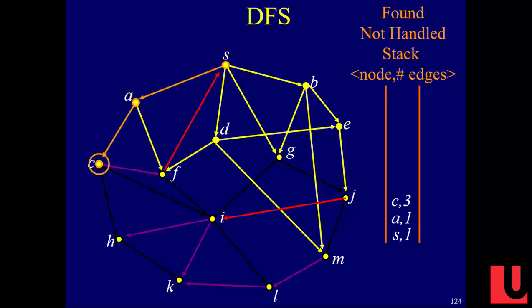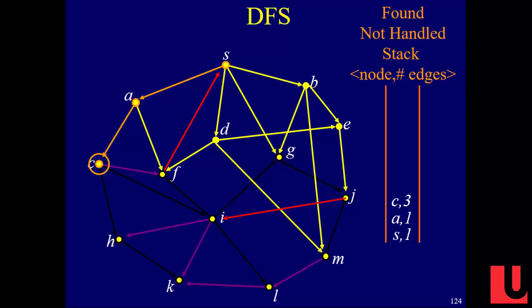Where do you want to go back to? Yeah, there. So C, we've done two of C's edges, this one, and now we're going to do that one, which is purple because it was already black.